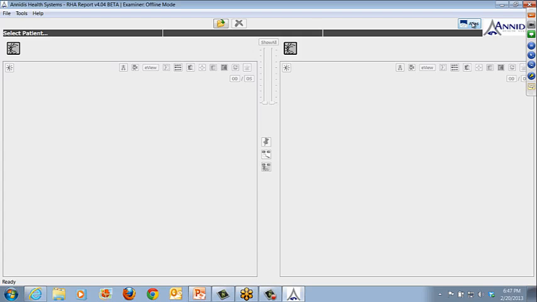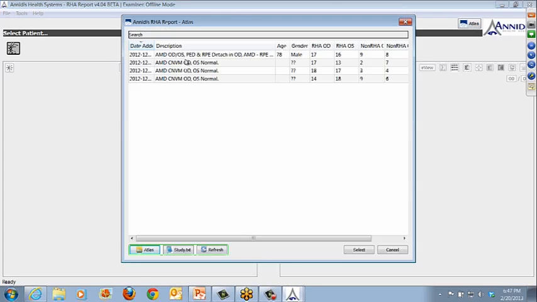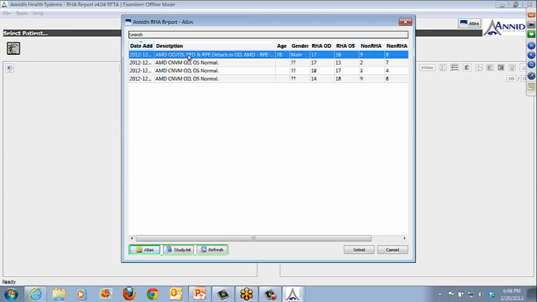Thank you. So shortly, the RHA Atlas, which is right here, will be pushed out to your software network in your individual clinics. And you will be able to use the Atlas in the way that I'm going to demonstrate right now. So you click on the Atlas, and I'm going to pull up a sample case here.